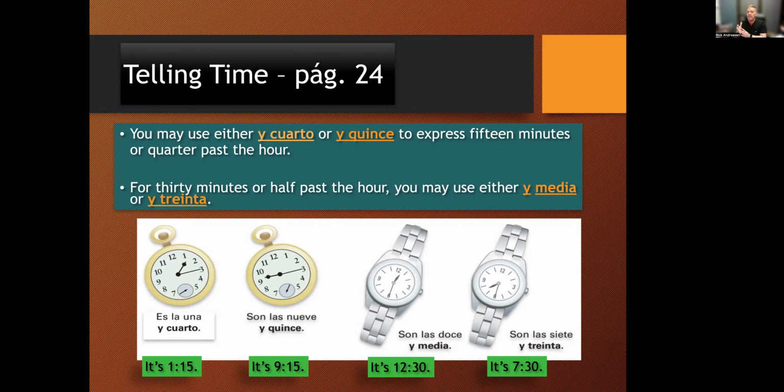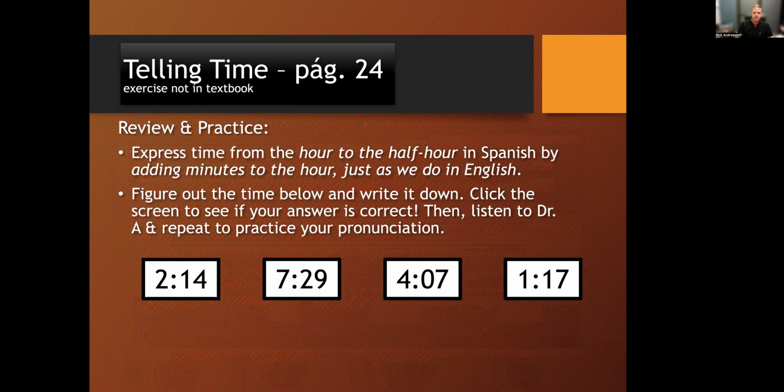Son las 12:30. What's the other way? Son las 12 y media. And son las 7:30 could also be said as son las 7 y media. So, cuarto, media, and 30 are the ways to go, say the 15s and the 30s.